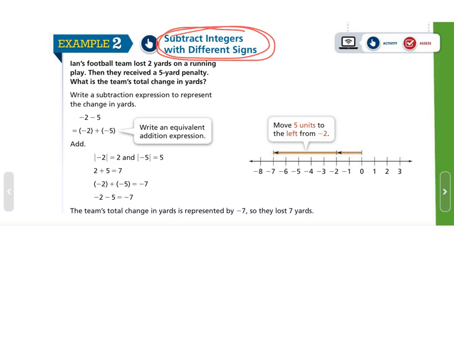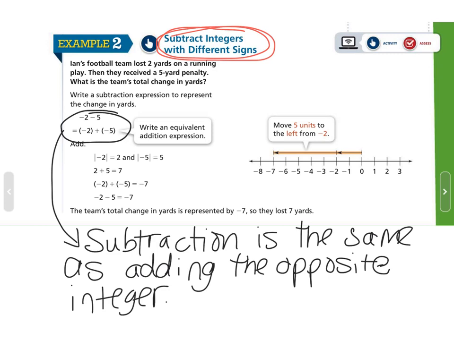So the team's total change in yards is represented by negative 7, so they lost 7 yards total. Remember that subtraction is the same as adding the opposite integer. Therefore, negative 2 minus 5 and negative 2 plus negative 5 are equivalent expressions.